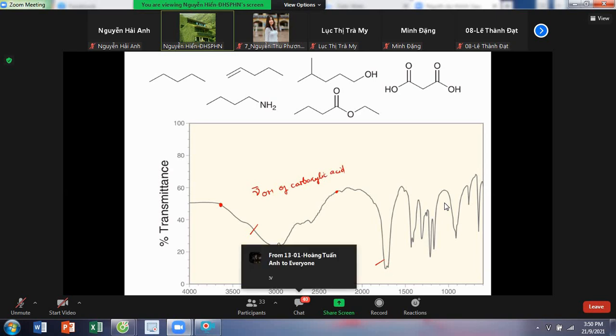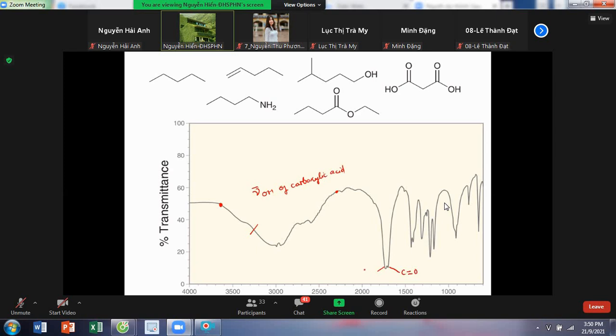So this is one peak, and this is the second peak. Both are very strong. They're very close to each other. And I guess here you have CO and CO. But the first one corresponds to free carbonyl, and this is for carbonyl with hydrogen bonding.